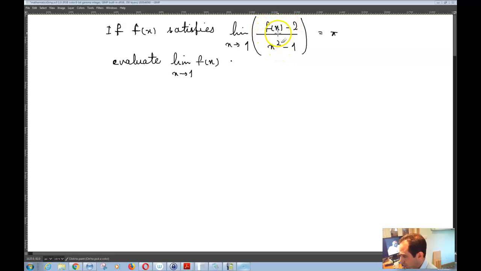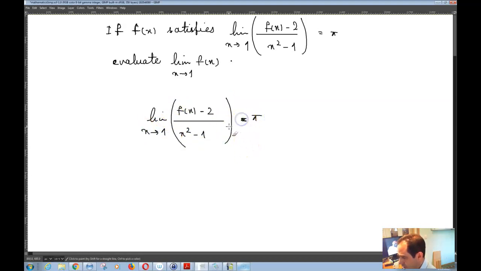So I need to, and since the limit does exist at this point, the fact that this expression is equal to pi means that this limit does exist and it's equal to pi. So I can write this equation as the limit of f of x minus 2 over x squared minus 1 as x tends to 1, which is equal to pi.